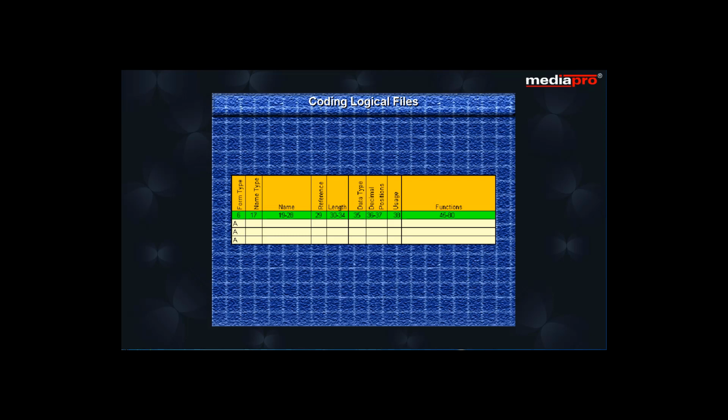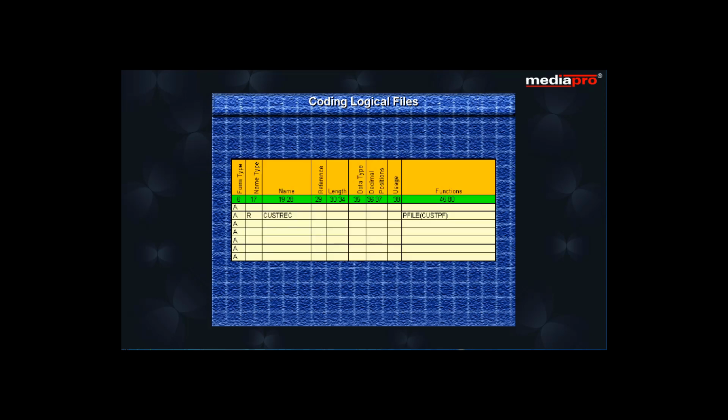As in the case of physical files, we code a record format name in columns 19 to 28 along with an R in column 17. In the function column, we code the pfile keyword to identify the physical file that contains the actual data. Next, we list out the fields we want to include in the logical file.